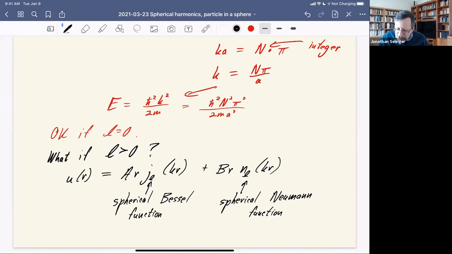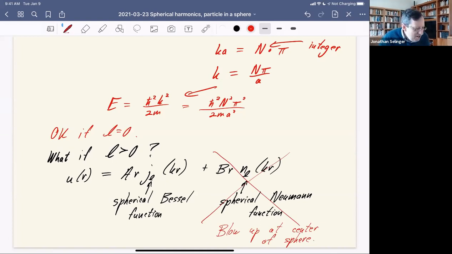The main thing I can tell you is that the Neumann functions also blow up at the origin, at the center of the sphere. So those are no good. So the solution has to be one of these spherical Bessel functions.